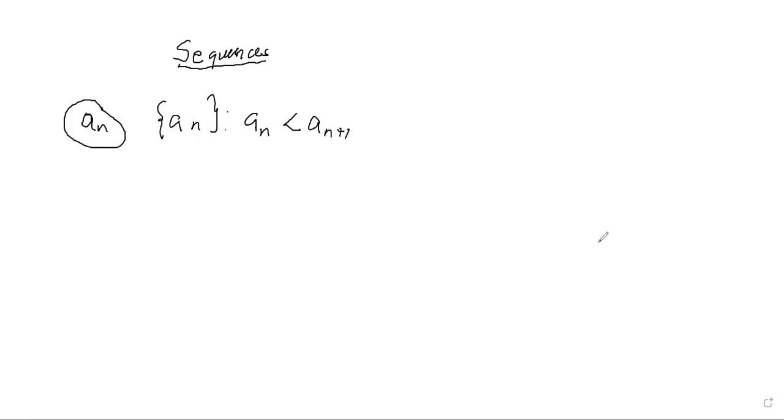Or if I can't try numbers, in case I'm just given the closed equation, then you write it in function form, f of x. My target is to differentiate this function with respect to x and check if the derivative is positive. If it's positive, then I'll say the sequence a_n is increasing.